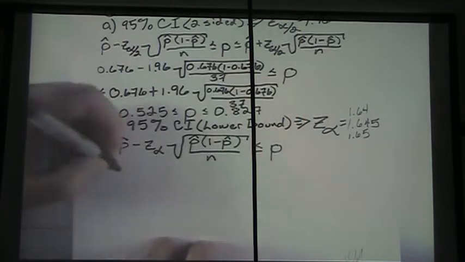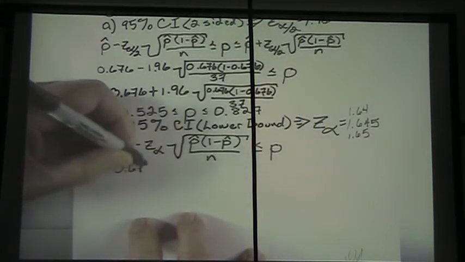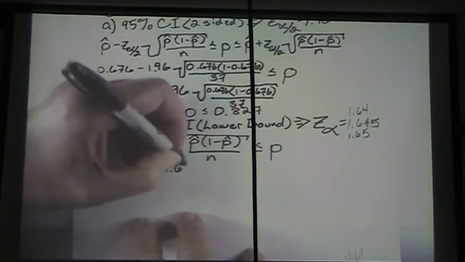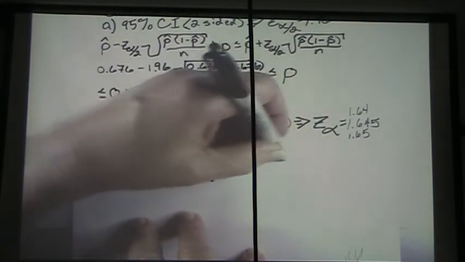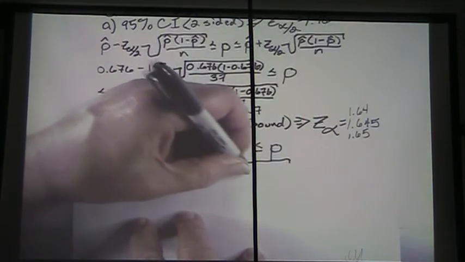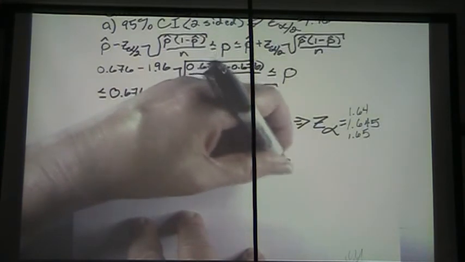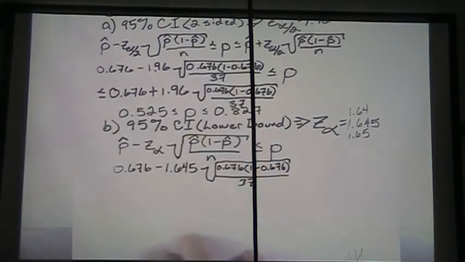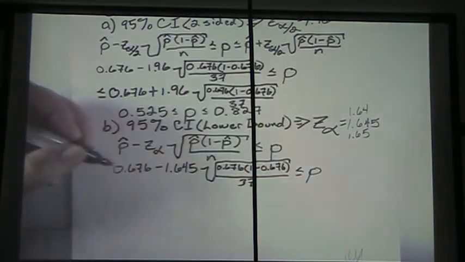All right, now we just substitute in our numbers. 0.676 minus 1.645 times square root quantity of 0.676 times 1 minus 0.676 divided by n, or 37, is less than or equal to p.